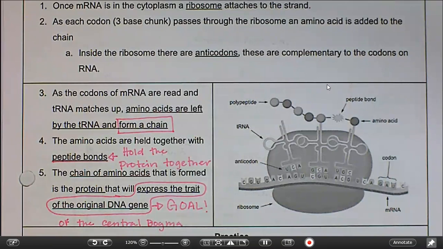And peptide bonds are strong bonds. They're not going to be easily broken. And once we have built this chain, we can then express the gene or do whatever the recipe was telling us. That's the goal of the central dogma, is to go from DNA all the way to the functioning protein.